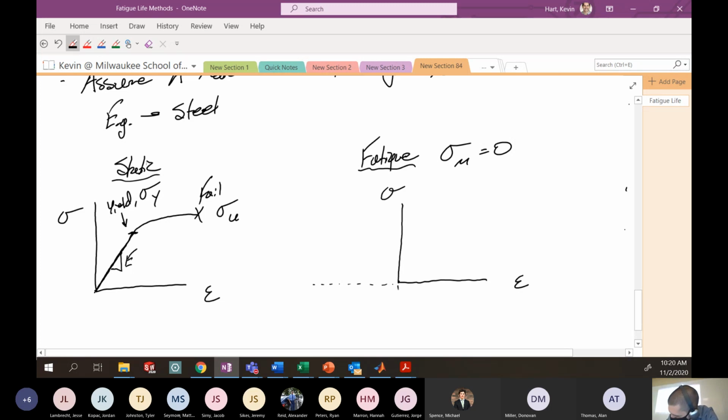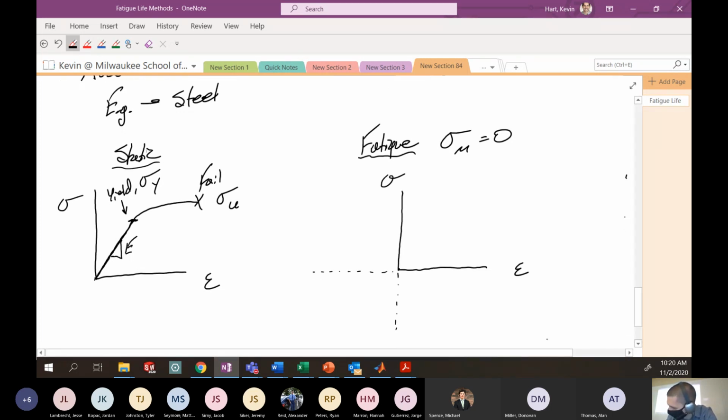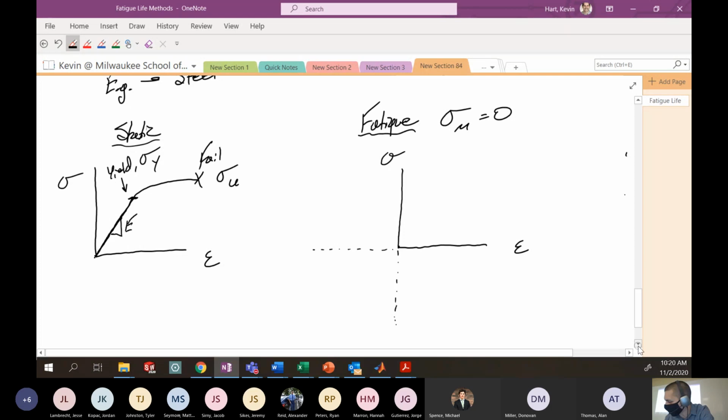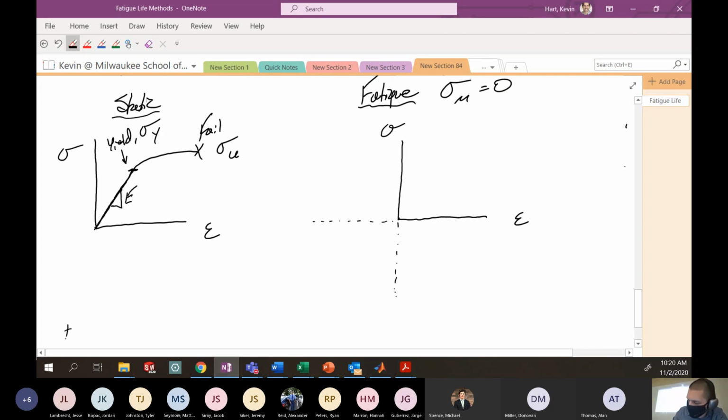And since we're going into the negative, maybe we'll give ourselves a little bit of space. All right. So for fatigue loading, what you'll typically see is either high cycle or low cycle fatigue. We have different situations. When I talk about high cycle fatigue, I only have elastic response. So let's put that here.